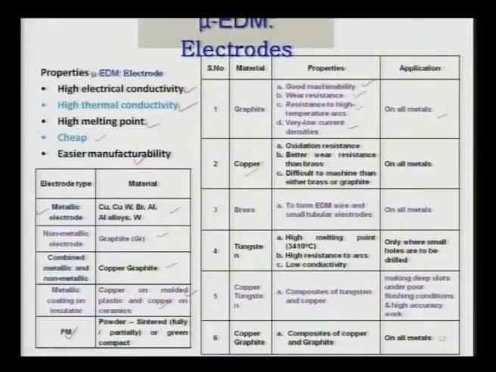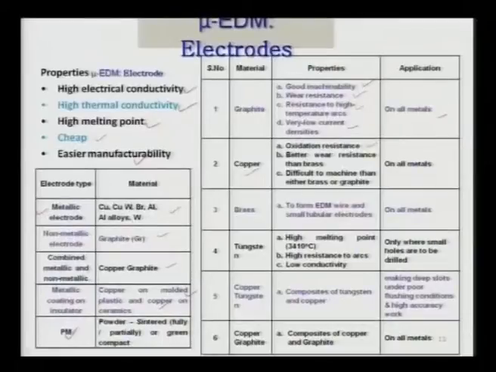Copper is a very commonly used tool material, and it has oxidation resistance, better wear resistance than brass, and is more difficult to machine than either brass or graphite. That is one of the weaknesses of this particular material as the micro tool for the EDM process. Again, it can be used for all kinds of materials. Then brass, it is used to form EDM wire and small tubular electrodes, and again this can be used in combination with all other materials.